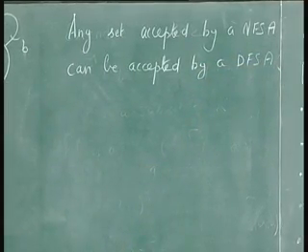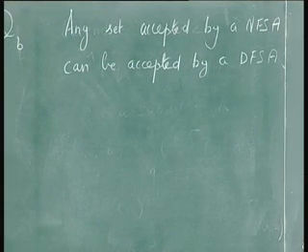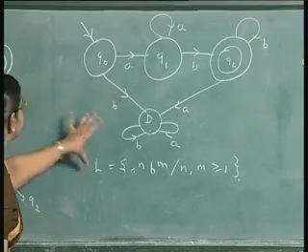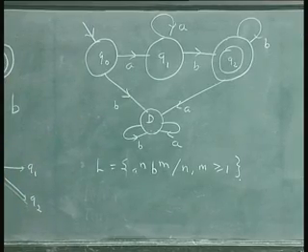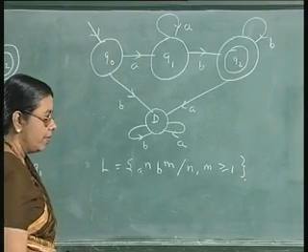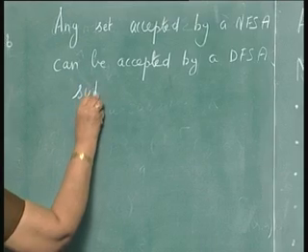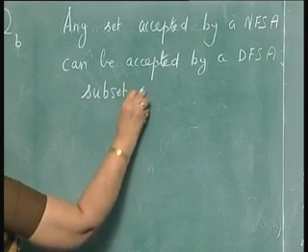Now, before going into the regular proof, we can consider this example, how we can get this from this. Take this example, then we shall go to the formal definition. Let us consider the method used is called subset construction.